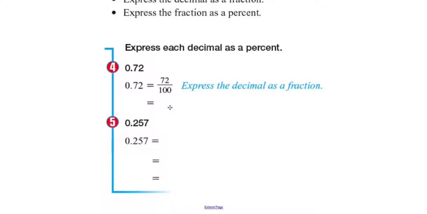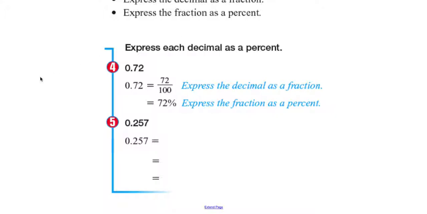After you express this as a fraction, you now multiply it by 100, which is 72%. Since the denominator is already 100, and remember a percent has a denominator of 100, you simply get 72 and make it into a percent.